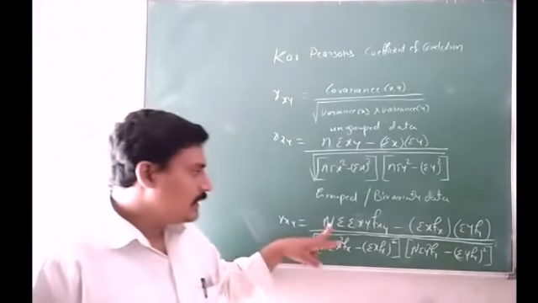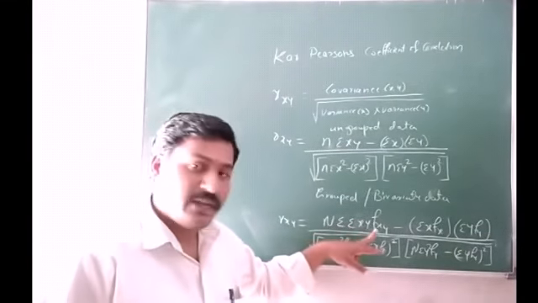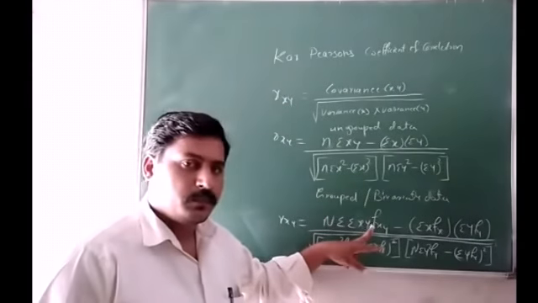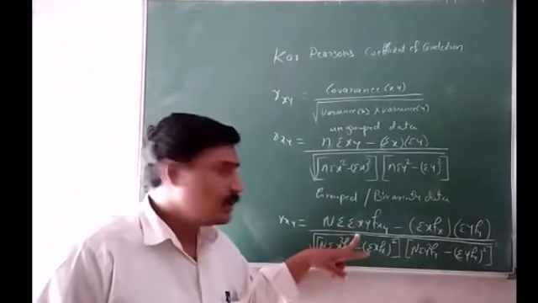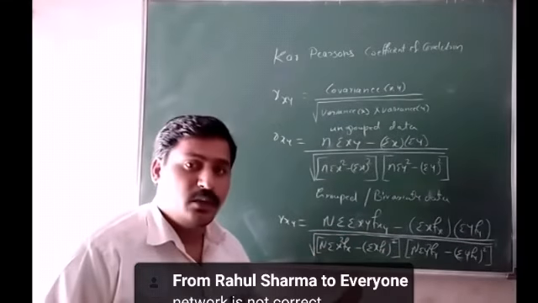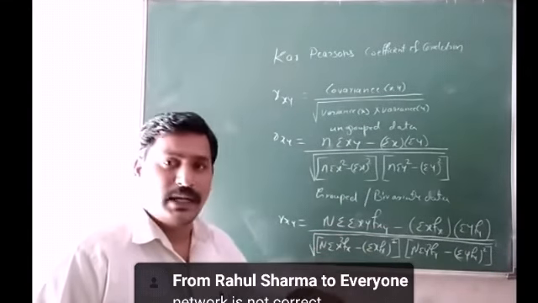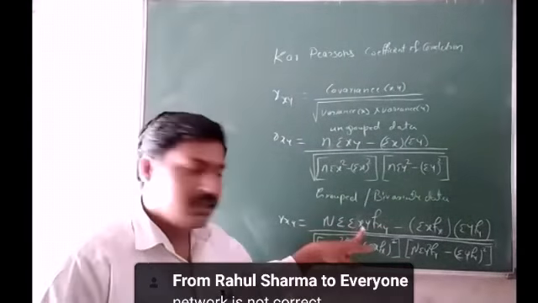So n summation of summation xy fxy. Why summation of summation? Because we don't get summation fxy in one step. So in two steps we get it. That is why summation of summation xy fxy.